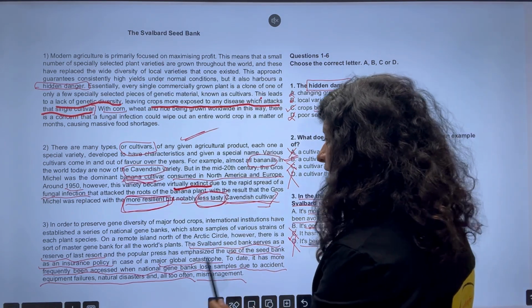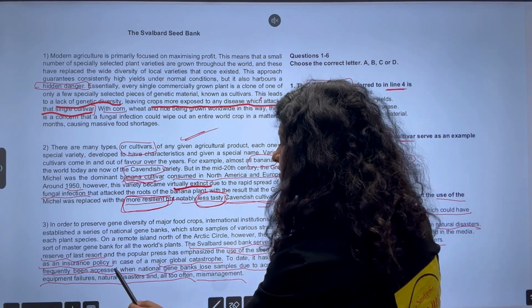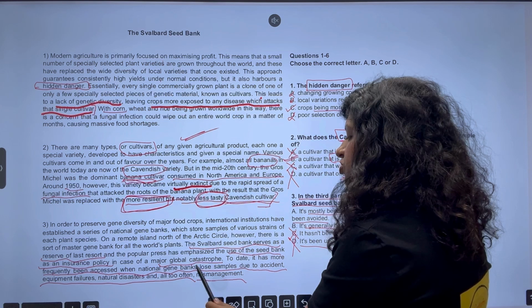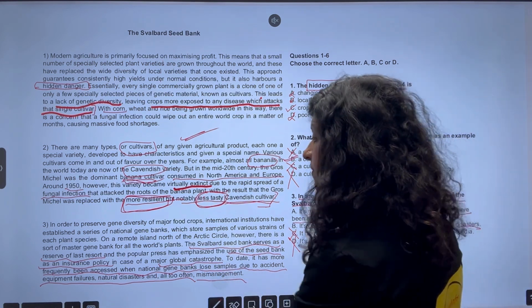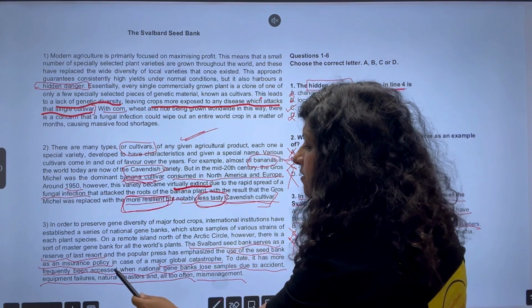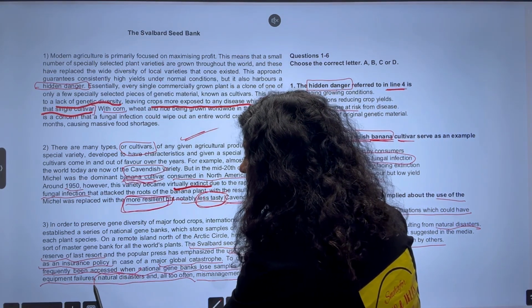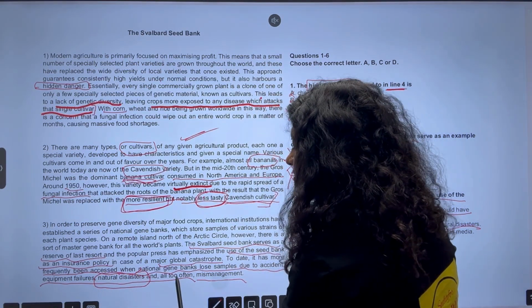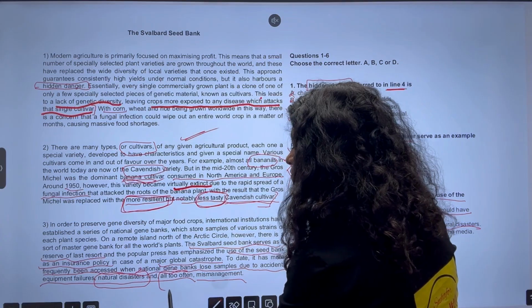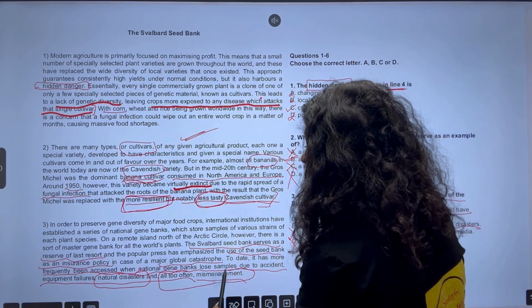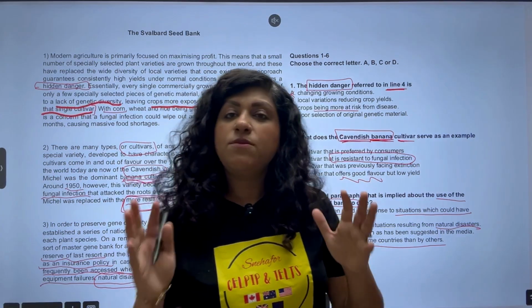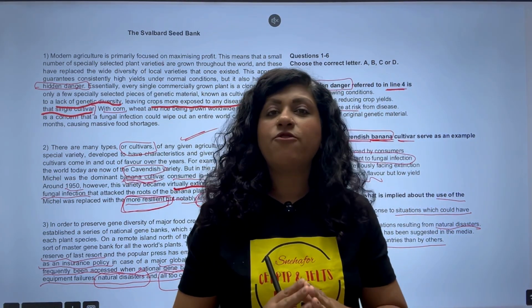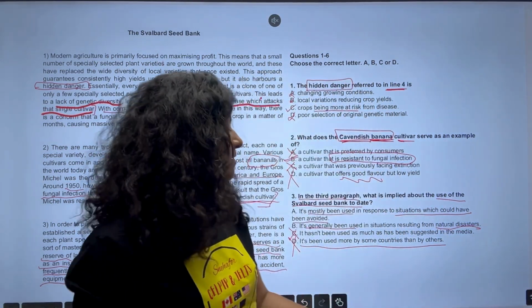To date, it has more frequently been accessed when national gene banks lose samples due to accidents, equipment failures, natural disasters, and then it says all too often mismanagement. All too often means as compared to others, it's been mostly used in cases of mismanagement.